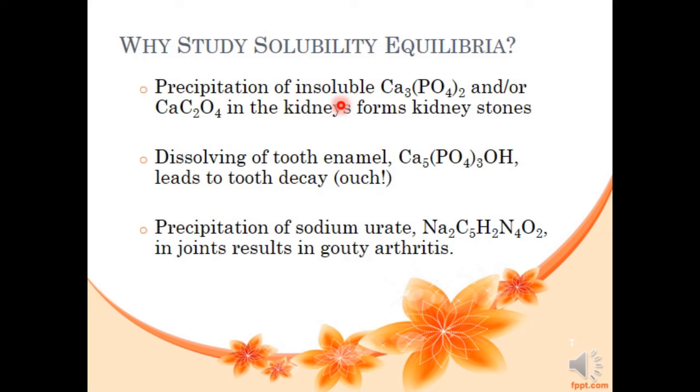The next example is tooth decay. We don't want tooth decay because it's very painful. Now our tooth enamel is made of calcium phosphate, calcium hydroxyapatite.